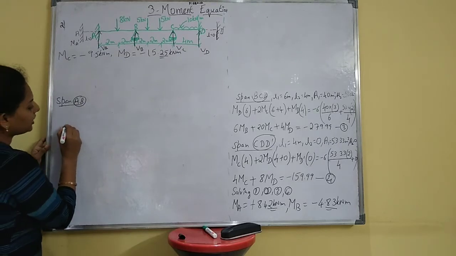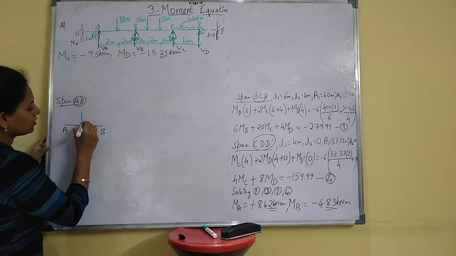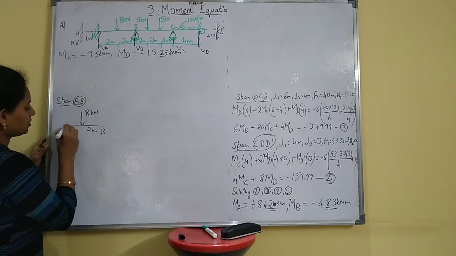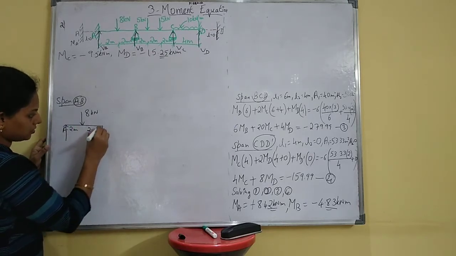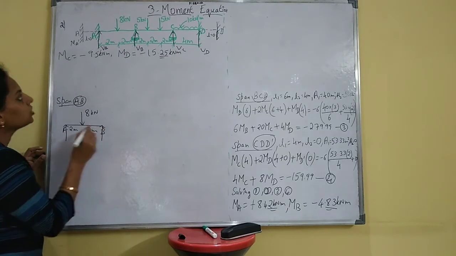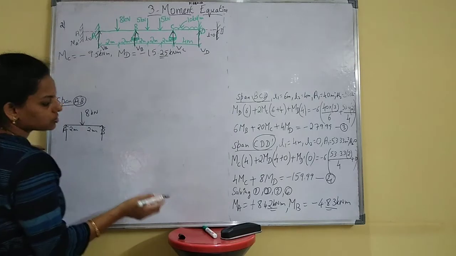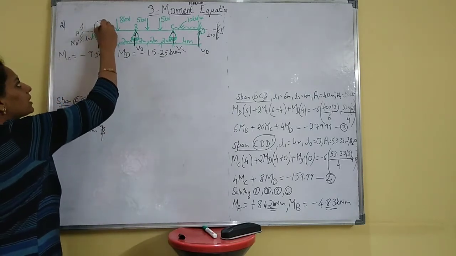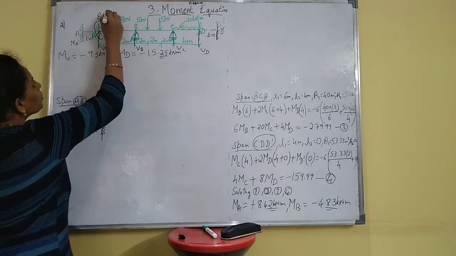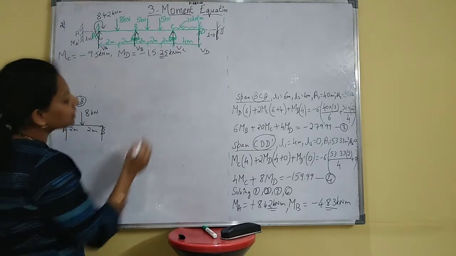Okay, draw the free body diagram of AB. 8 kilonewton, 2 meter distance. Consider it as simply supported and find out the reactions. Okay. So here MA is known now. So MA is positive, so it is a sagging bending moment. So plus 8.42 kilonewton meter. MB is negative.